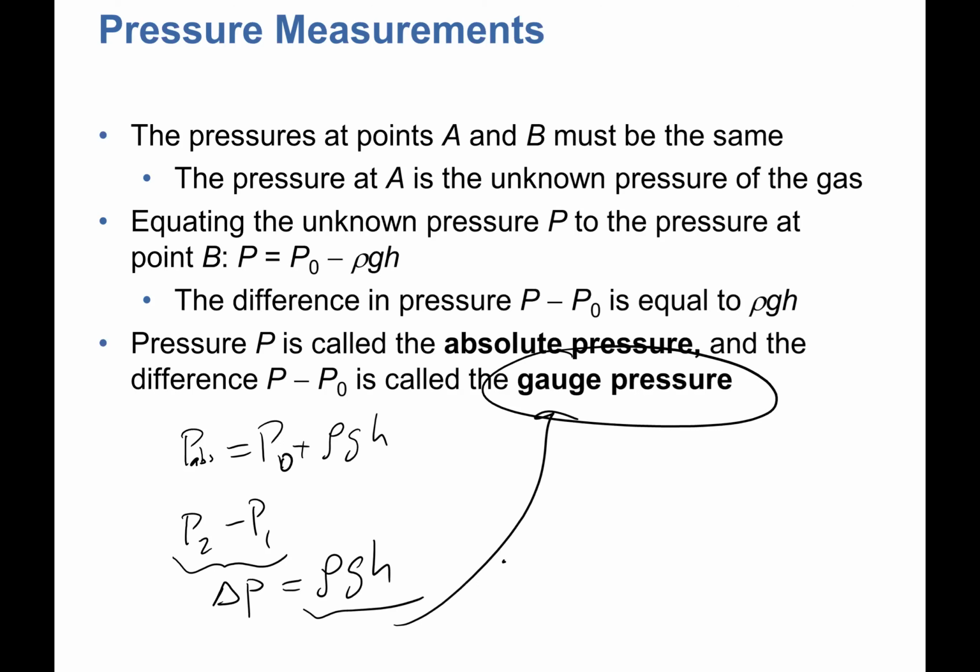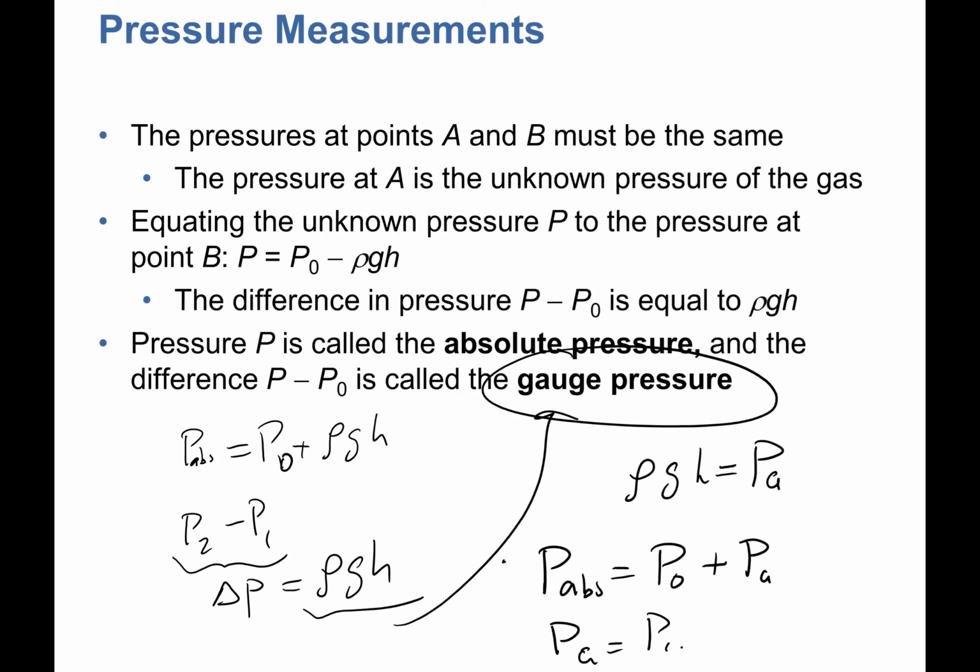So the gauge pressure equals this quantity that we call rho GH. That means the equation here is absolute pressure equals atmospheric pressure plus gauge pressure, or you can say the gauge pressure is the difference between absolute and atmospheric pressures.